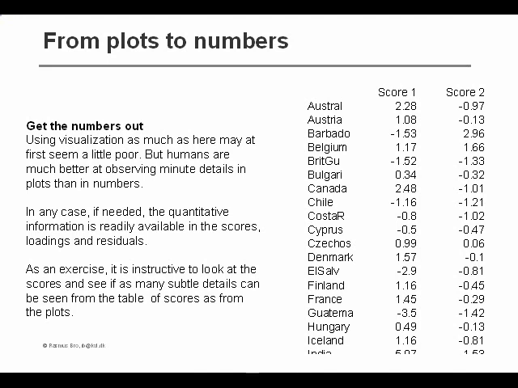So each loading is a direction in space with numbers associated to it. And the score is then simply the amount of that artificial latent variable for a particular sample. So for every sample we have a score value for every principal component. And you can extract all these numbers and use them in further analysis for clustering, calibration, or whatever.